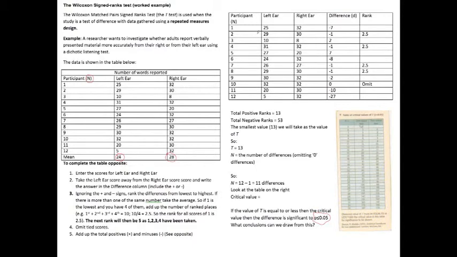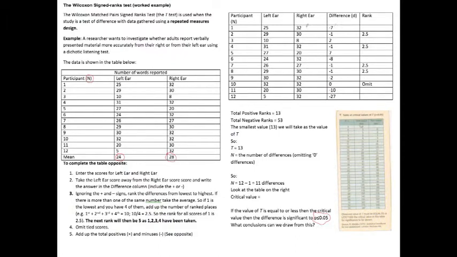So we have a different table here. We have our participants, our left ear, our right ear, and I've added two other columns: difference and rank. Rank just means that we are going to take the difference scores and rearrange them so that they are ranked in order of lowest to highest, and I'll show you how to do that in a minute.